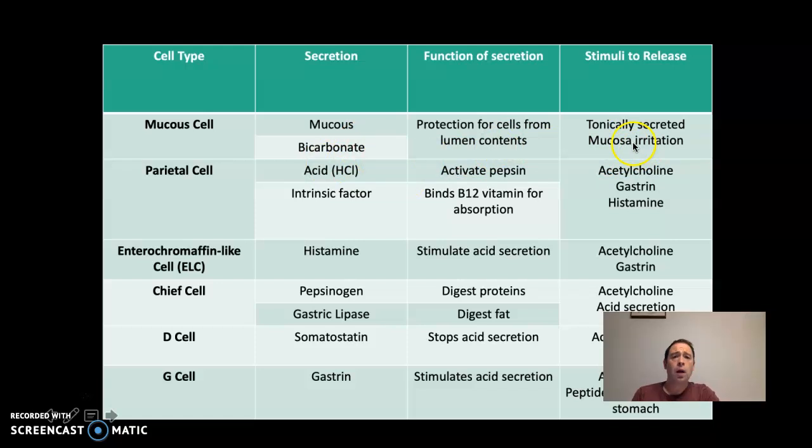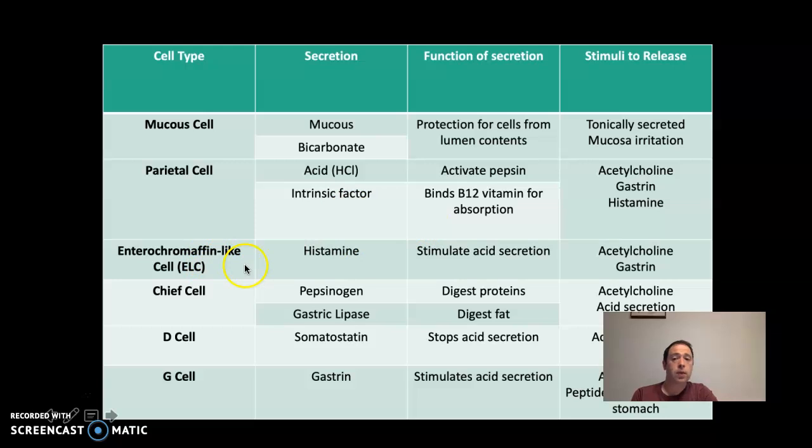And these cells respond to mucosal irritation as well as secreting mucus tonically. The other cell types listed below all have a very specific secretion. As we can see, the parietal cells make acid as well as something called intrinsic factor.